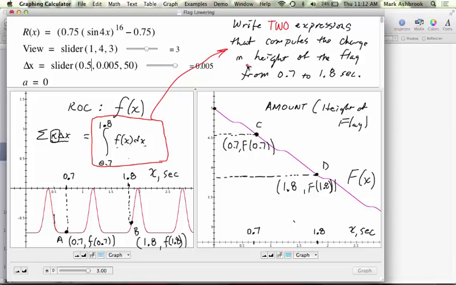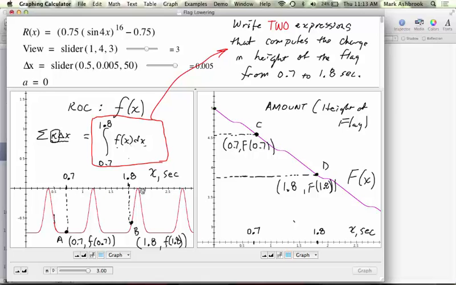Because that function equals capital F of B minus capital F of A. Oh, so that's what we're developing. Okay, but why does capital F of 1.8 minus capital F of 0.7 calculate the change?